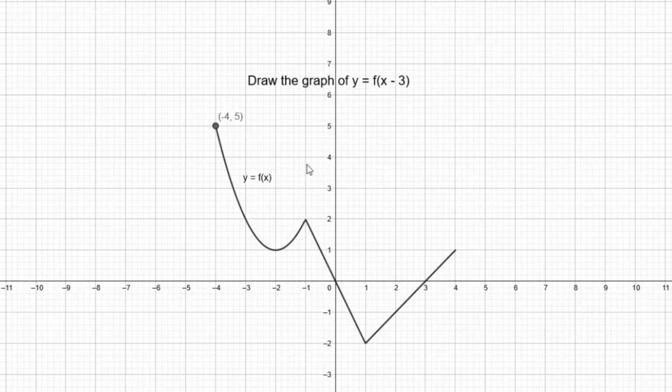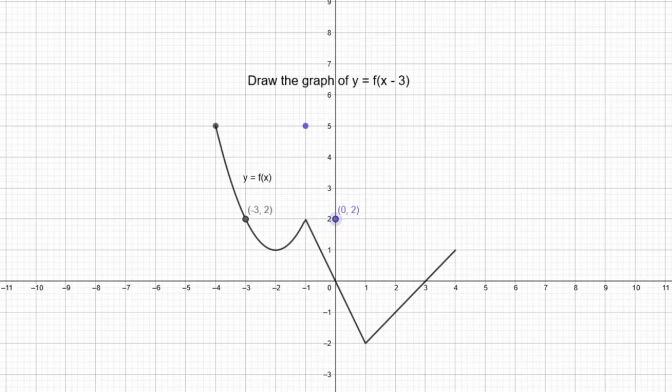So I plot (-1, 5). So we have our first point on our new curve. Now what would I plot above an x of 0? Well, that would involve checking out what f of 0 minus 3, or f of -3, is. I've got a value for that as well. That's the value of y, 2, which I would have to plot above the x-coordinate of 0 on the new curve.